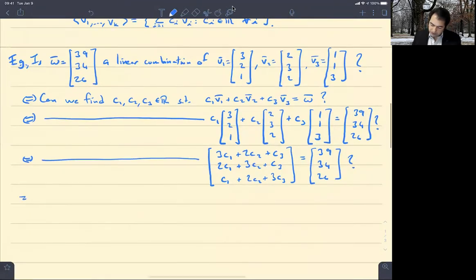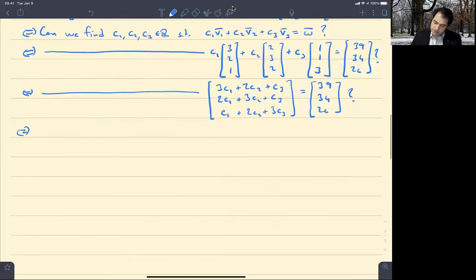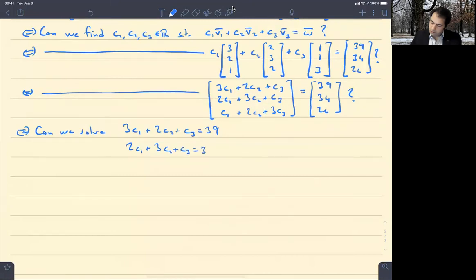Right? Well, that's the same as asking, can we solve 3c1 plus 2c2 plus c3 equals 39, 2c1 plus 3c2 plus c3 is equal to 34, and c1 plus 2c2 plus 3c3 is equal to 26.